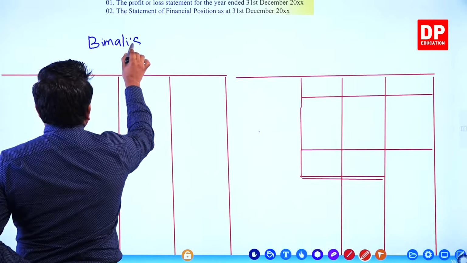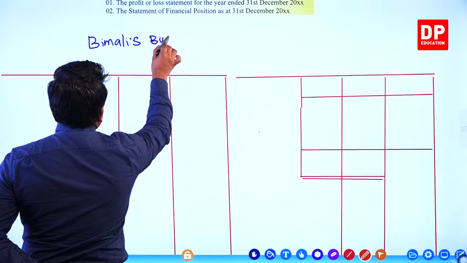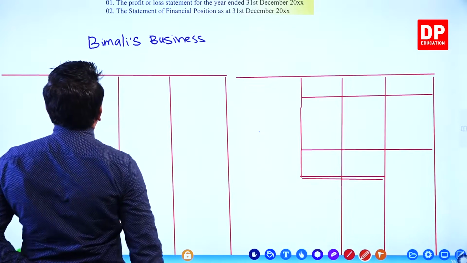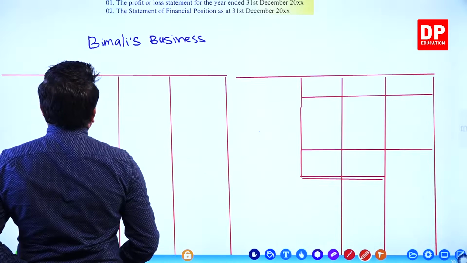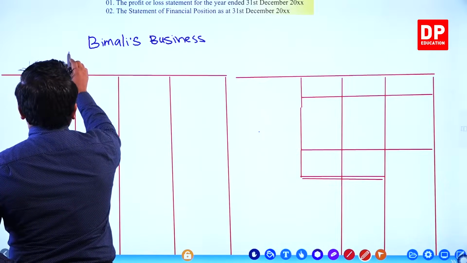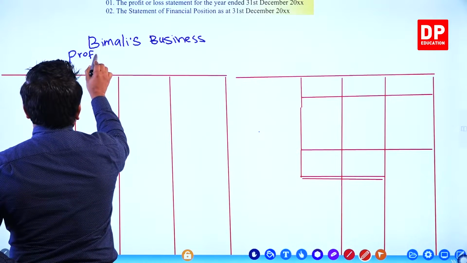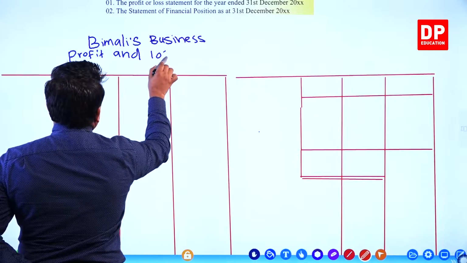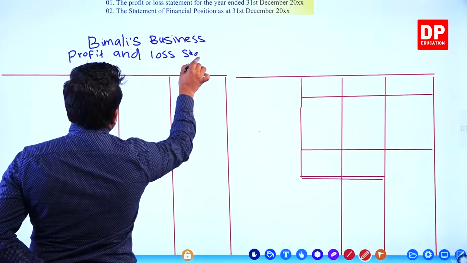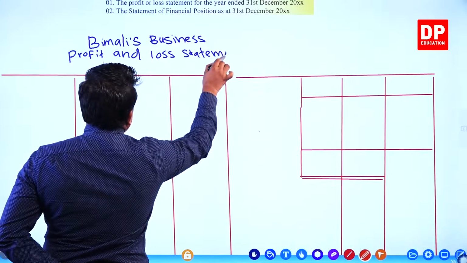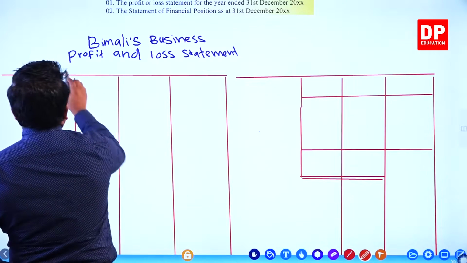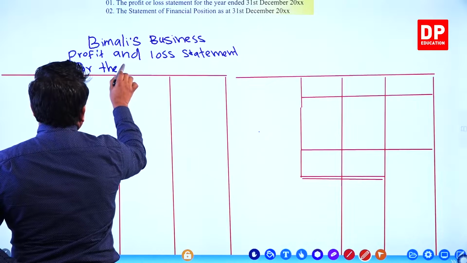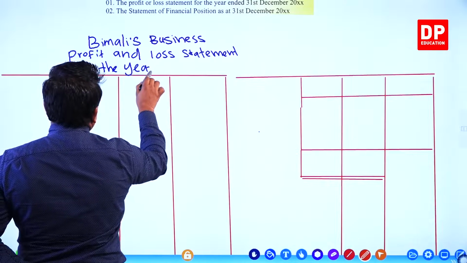Profit and loss statement. You write here for the year ended.